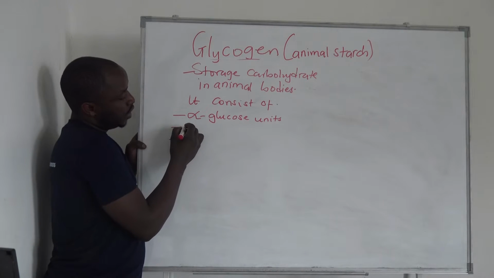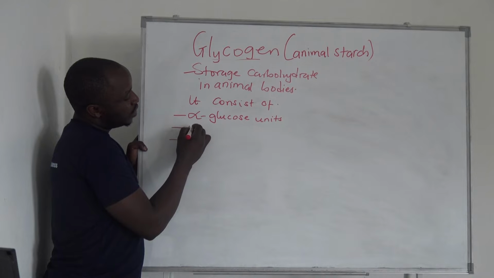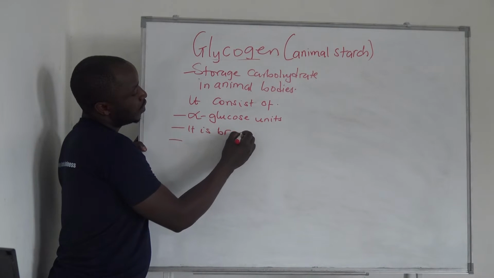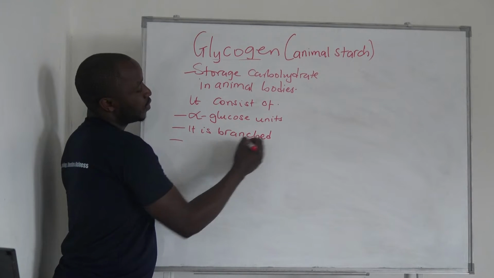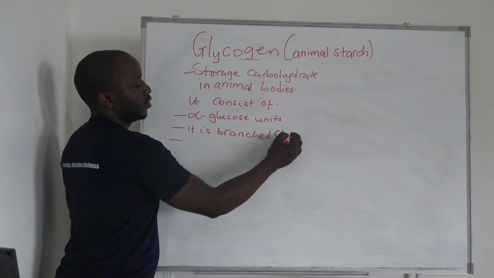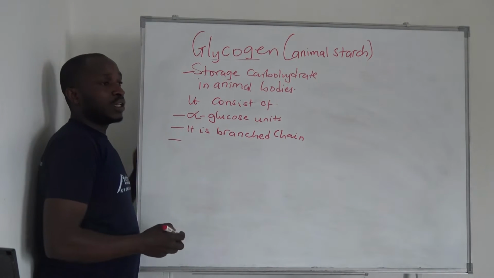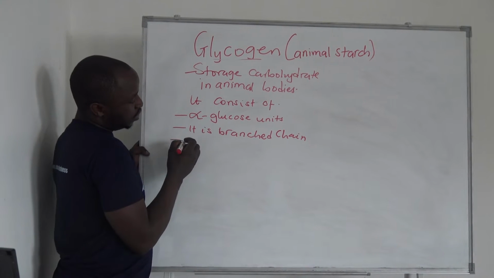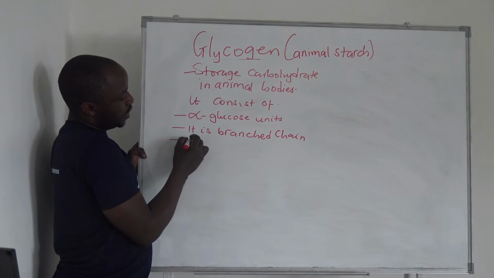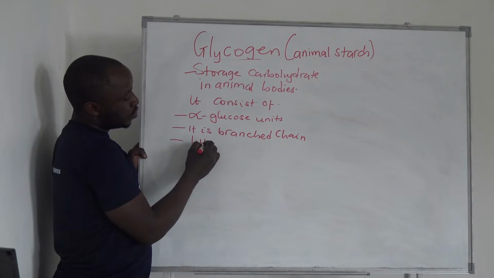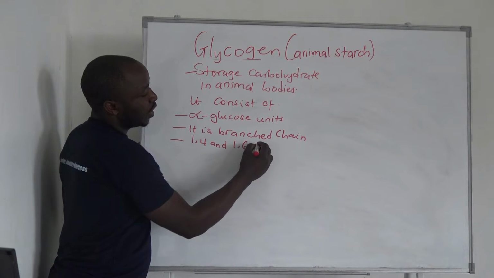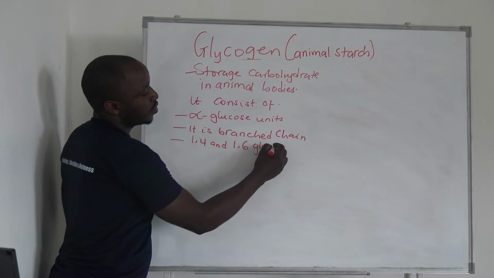Then it is branched. It is a branched chain. Because it is branched, glucose is bonded by 1,4 and 1,6 glycosidic bonds.